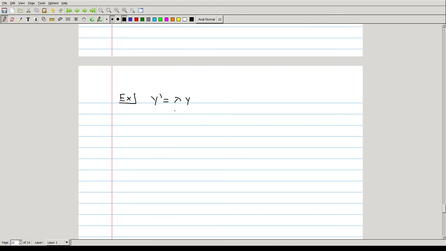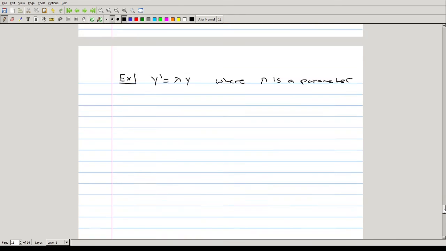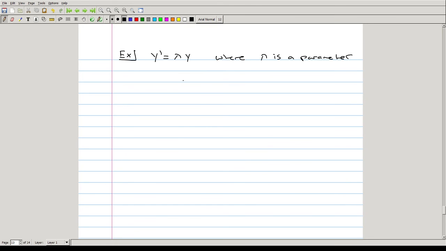So in general, the exponential ODE might look like this: y prime equals lambda y, where lambda is a parameter. And without even going through and solving this ODE, we can identify the equilibrium points.